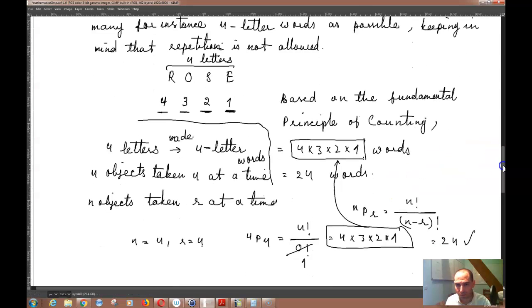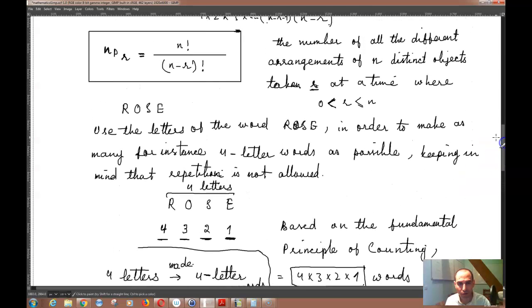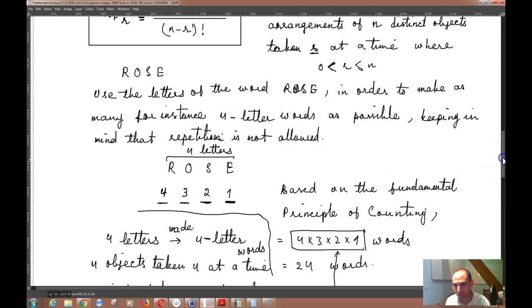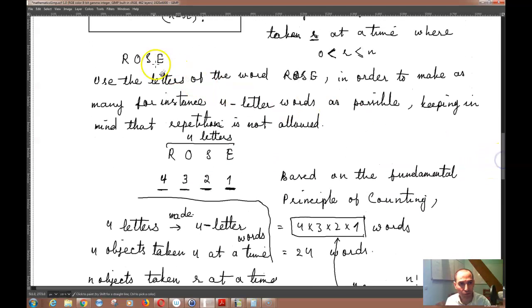Of course, you might probably sometime, if you don't use this formula for a long time, forget it, but the concept of permutation you will never forget if you remember it using, for example, the example ROSE that we talked about before. Okay, so that was basically that.